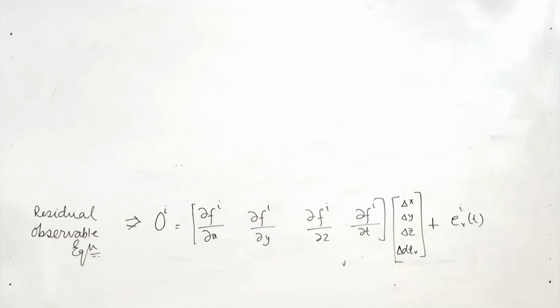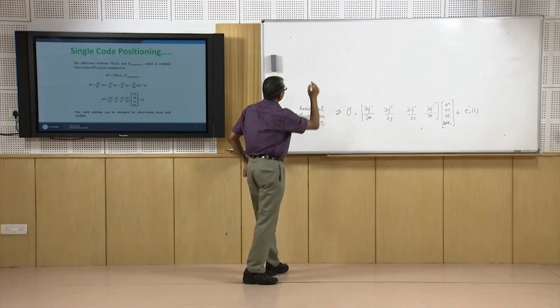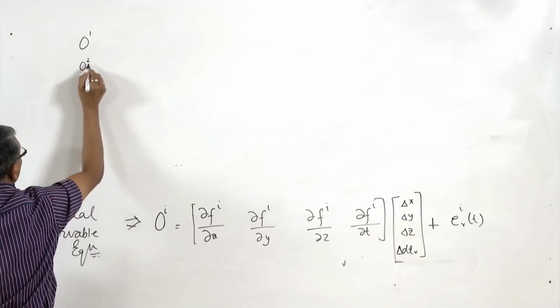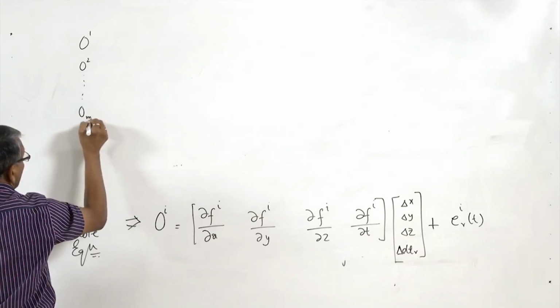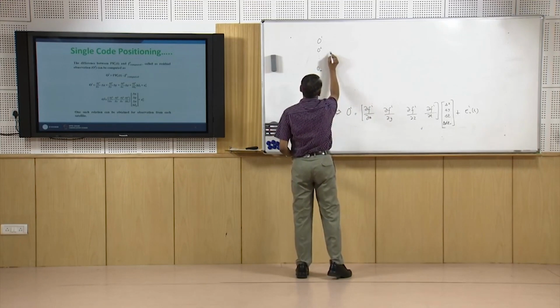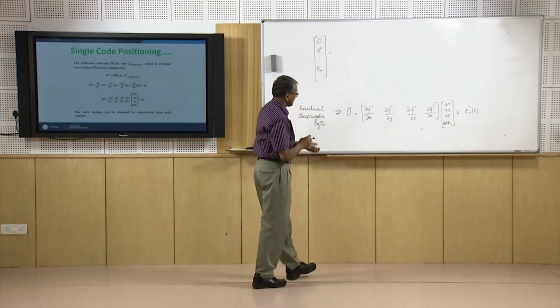Now this observable equation is from only one satellite i. If we observe m satellites, like 1, 2, up to m satellites, then we will get an observable matrix like this.